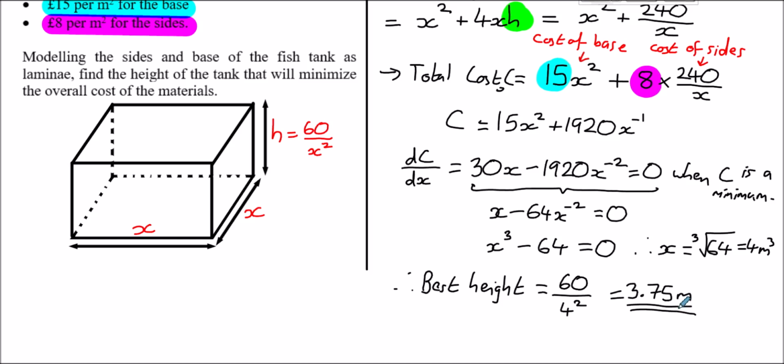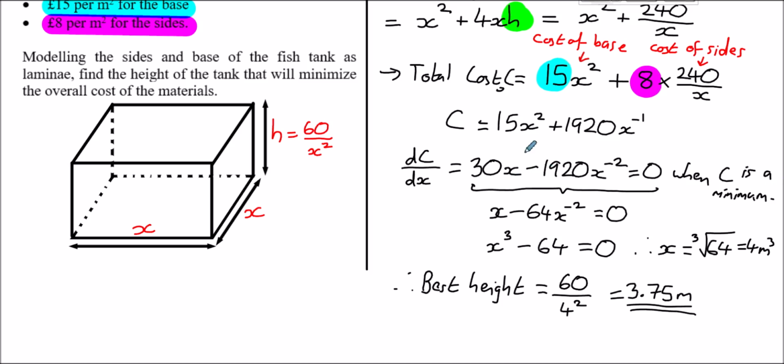Now, the more astute of you might be thinking, well, I found dc over dx is equal to 0, but the gradient's equal to 0 when it's a maximum or a minimum. How do I know that that's a minimum? Well, it is. You just have to trust me. Actually, no, you don't have to just trust me. This was taken from a larger question. A further part to this question was justifying that this is a minimum.